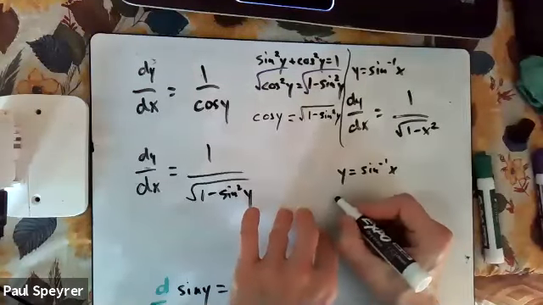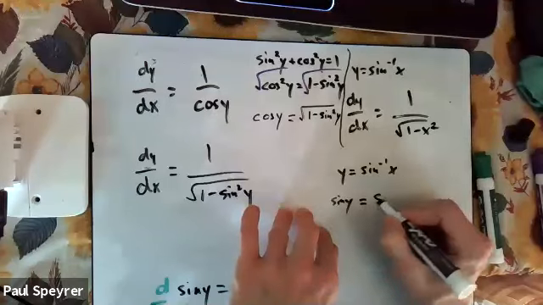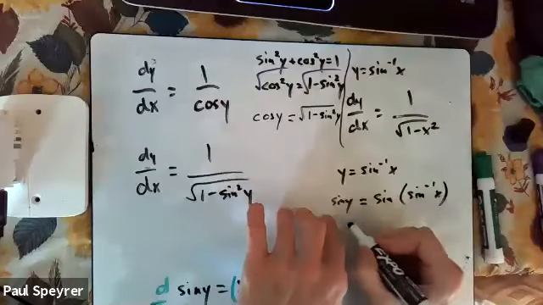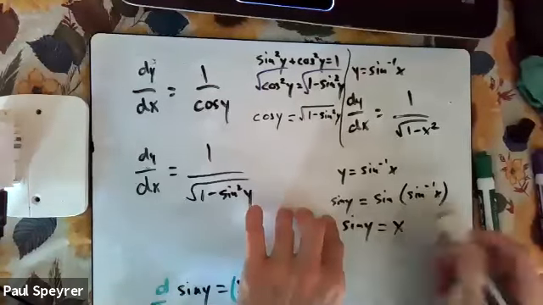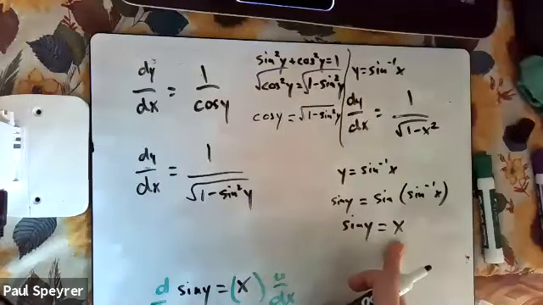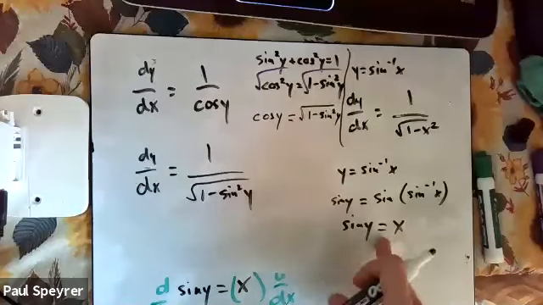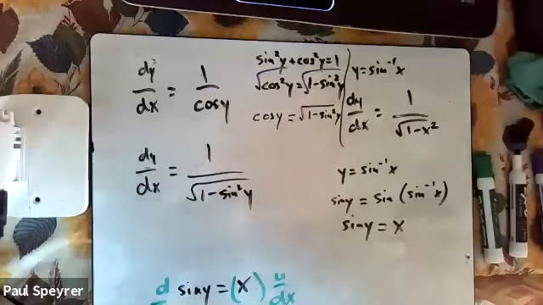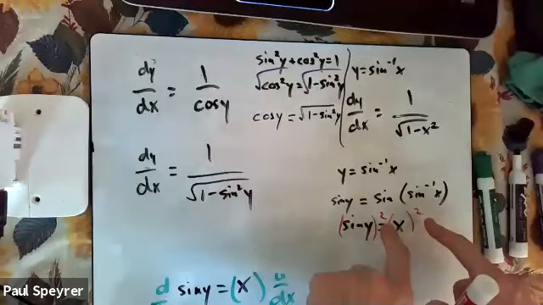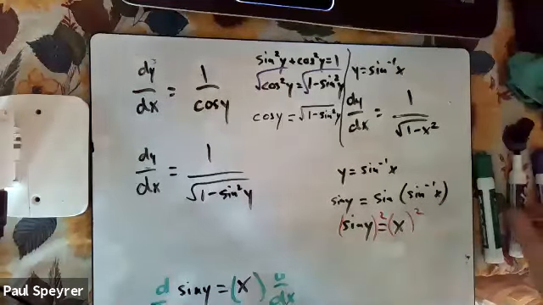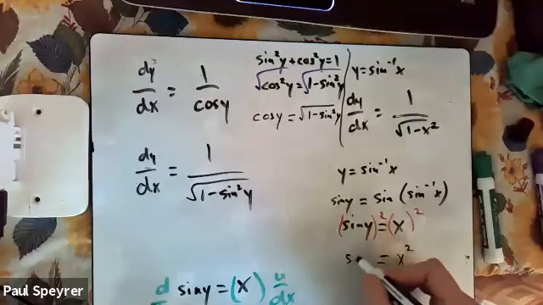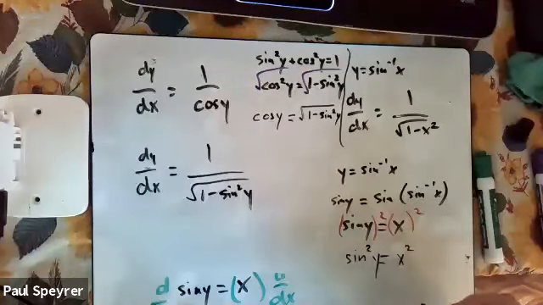We said sine of y equals sine of the arc sine of x, and then we got sine of y equals x. That was what we initially did when we first started trying to find the derivative of arc sine. But look, if x is equal to sine y, what if we square both sides? That's legal, right? Whatever I do to one side, I do to the other. So this says x squared is equal to sine squared of y.